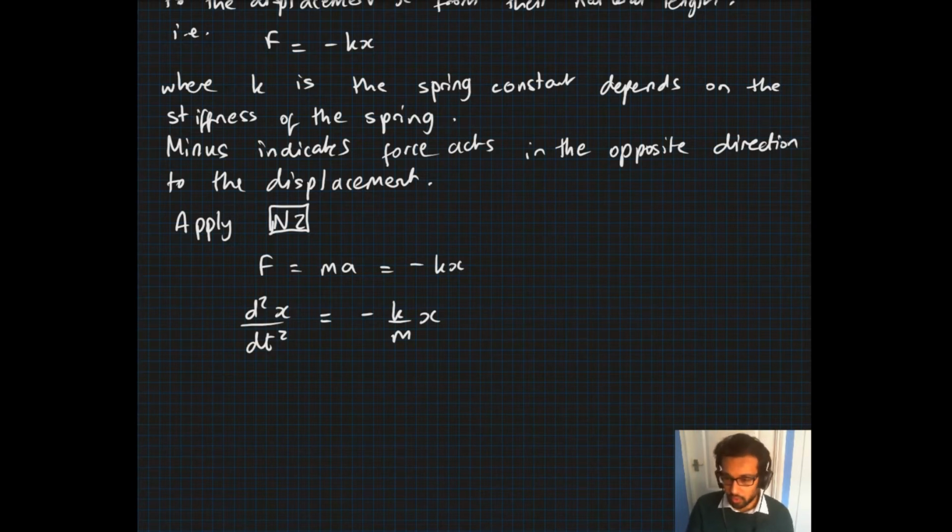Okay, and now we can write it all on one side and let it equal 0. And for reasons that will become clear later on, we're going to write this k over m instead as an omega squared term.